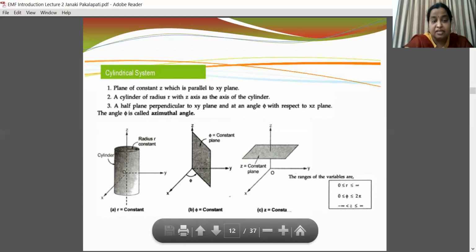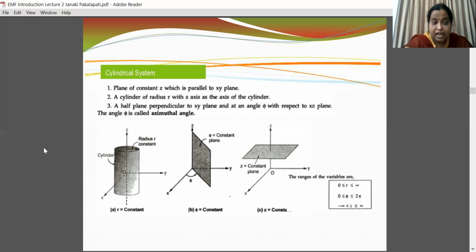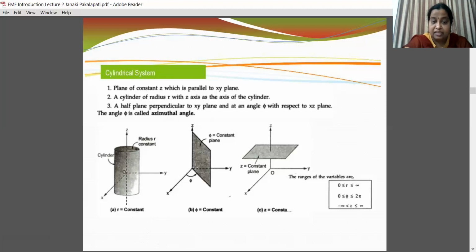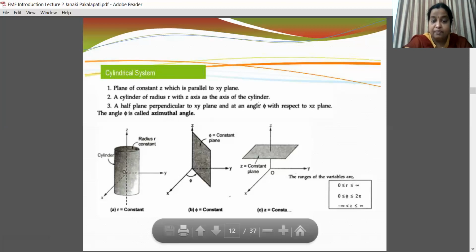That means if you consider a constant radius for a cylinder, and that radius is moved along the z direction, and if that radial parameter rotates round with an angle phi, then you can say that a cylinder is formed. The plane with r equal to constant looks like this, the plane with phi equal to constant is in the second picture, and z equal to constant is in the third picture.